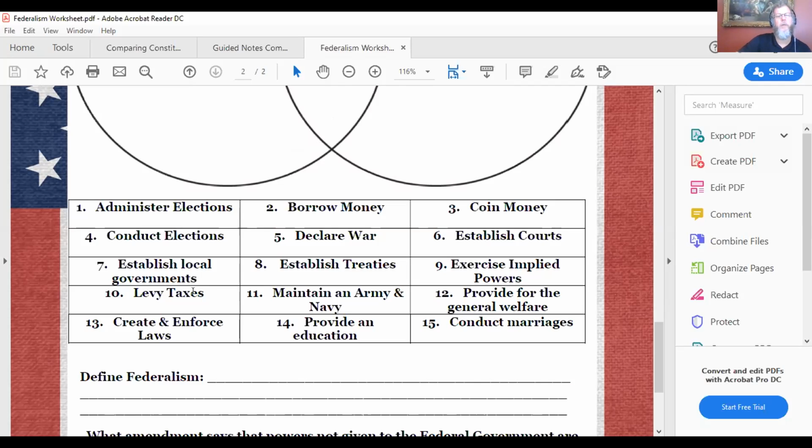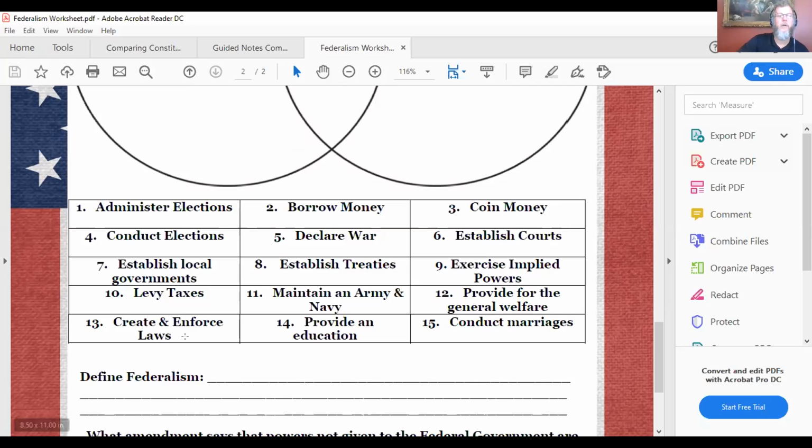Establish local governments, that is states. Establish treaties, express, for federal. Exercise implied powers, that's only at the federal level. States don't have implied powers because their constitutions are very specific. Levy taxes, both, concurrent. Maintain an army and a navy, federal. Provide for the general welfare, both, concurrent.